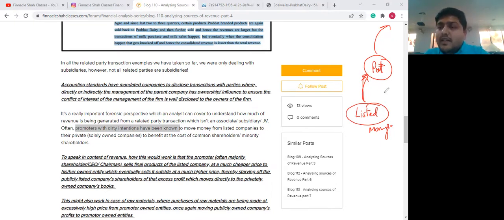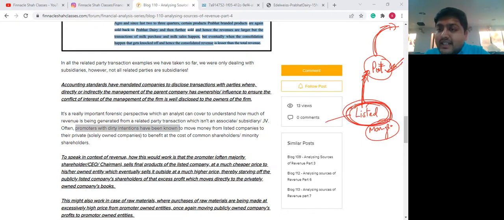So through these transactions, management ensured that their private companies buy these finished goods at a very cheap cost from listed companies, and eventually kept all the profits by selling it at fair value in the markets to themselves, depriving the owners of the listed company of that profit.